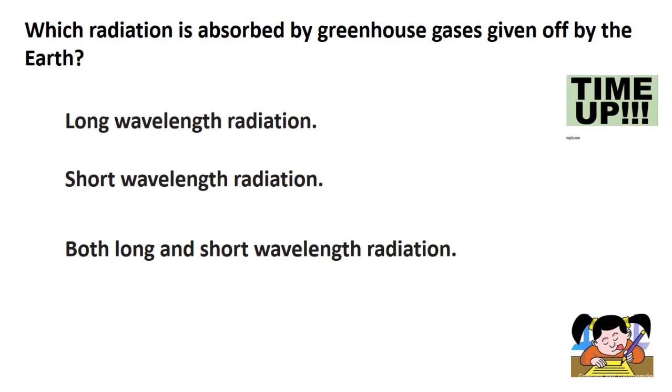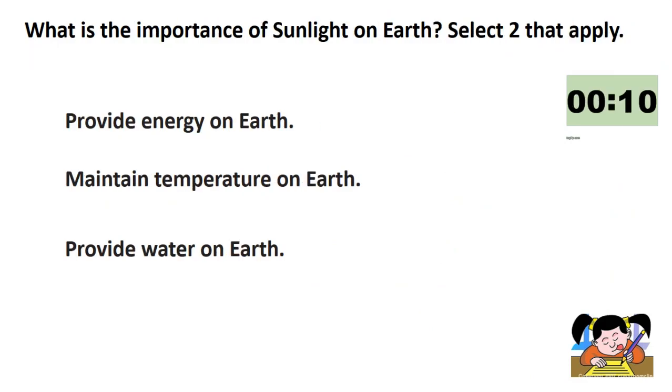So which radiation is absorbed by greenhouse gases given off by the Earth? Okay, that would be the one with less energy. So that would be the long wavelength radiation. Amazing. Let's look at the next question.